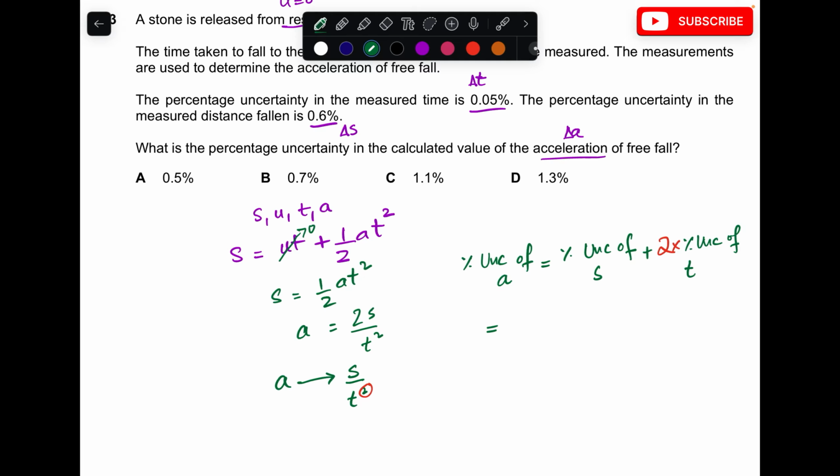So this will be percentage uncertainty of s, which is 0.6, plus 2 multiplied by 0.05. So this will give you 0.7%. It's option B that is correct.